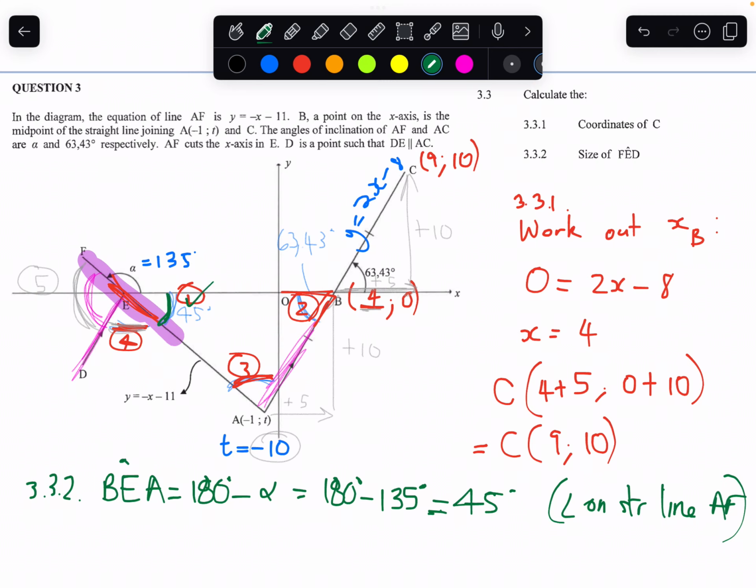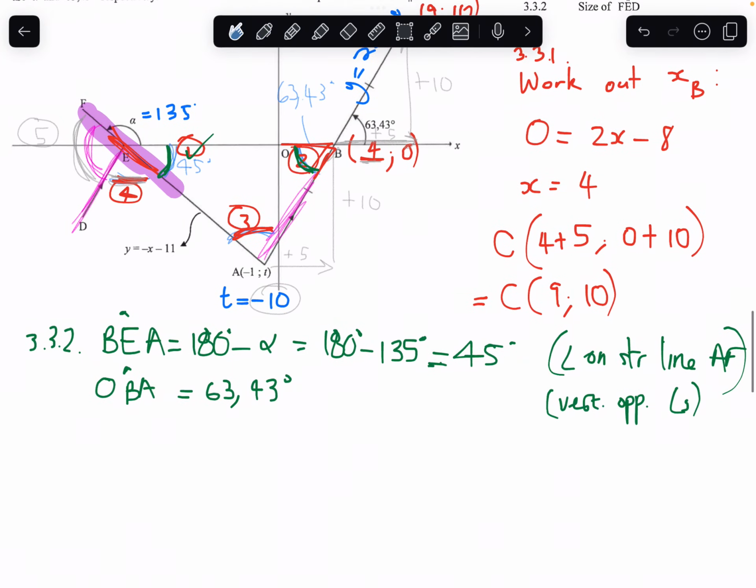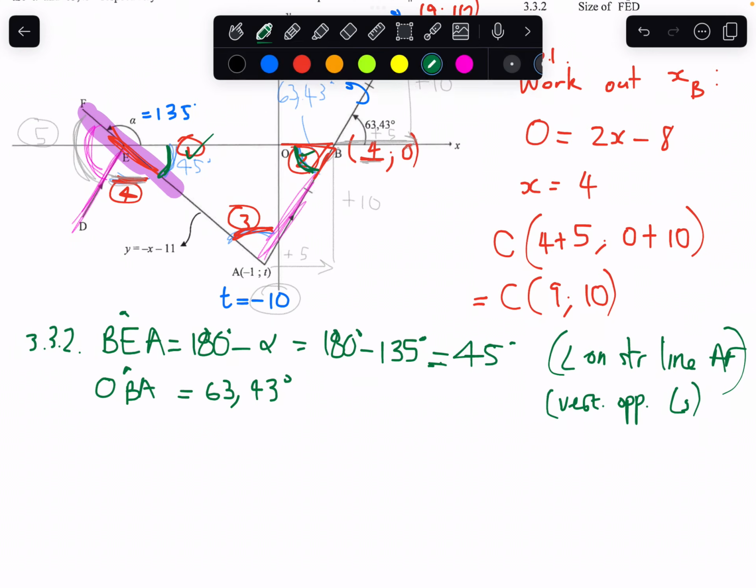Then the next one we need to talk about is angle OBA. That's this angle over here, which is equal to 63.43 degrees, and that's because they are vertically opposite angles. So that one's done. Now we need to talk about this angle.